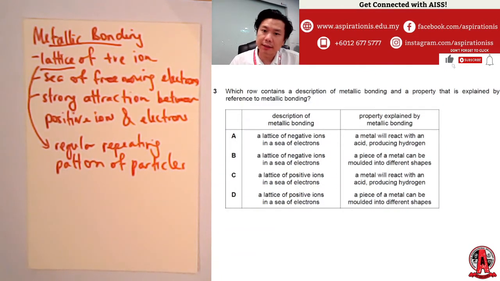So it's definitely C or D, so let's read the right column. A metal will react with an acid producing hydrogen. That is correct. For D, a piece of metal can be molded into different shapes.